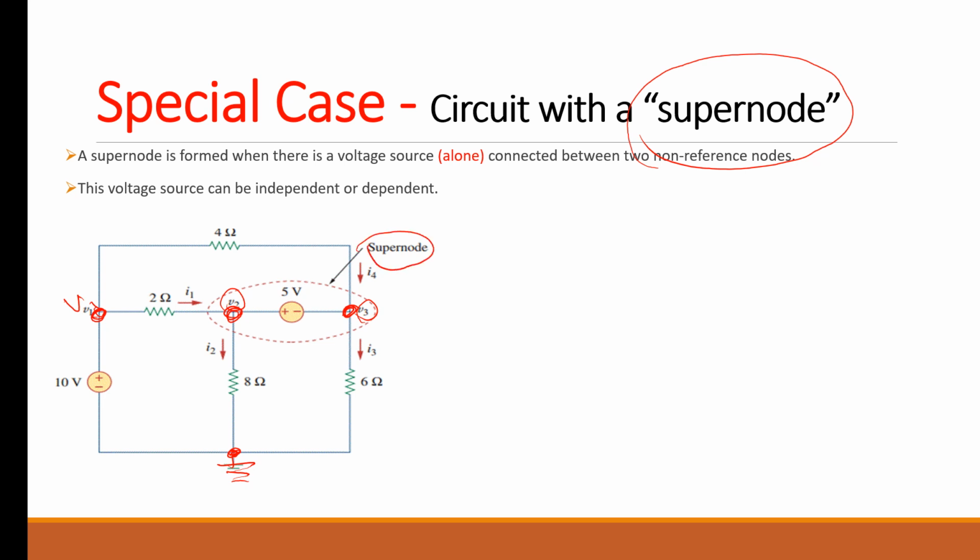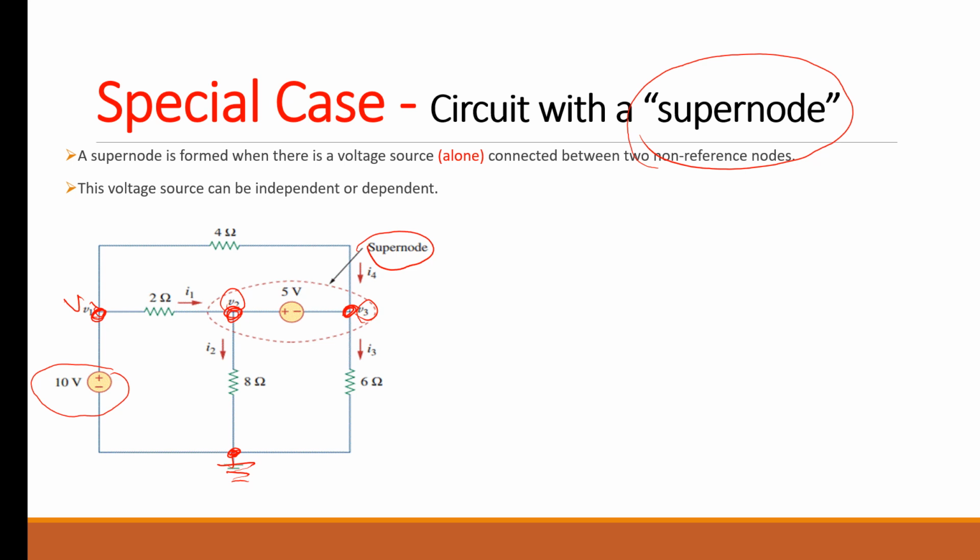But again, in between the reference node and V1 we have a voltage source alone, but this one we don't consider as a supernode, because a supernode is formed when there is a voltage source alone between two non-reference nodes. Here this voltage source is between the reference node and another node.